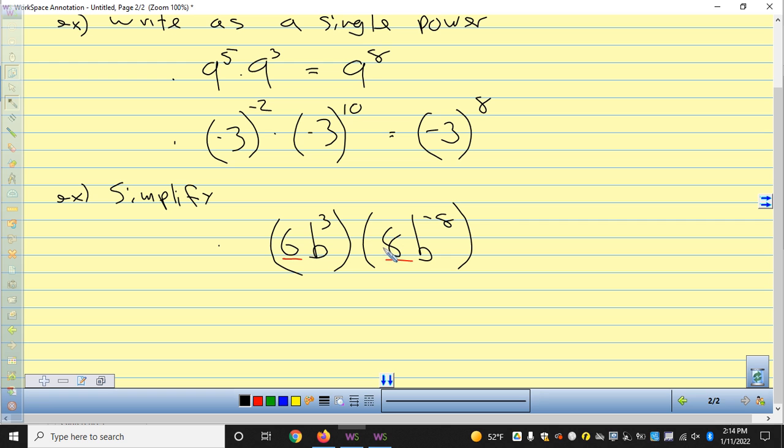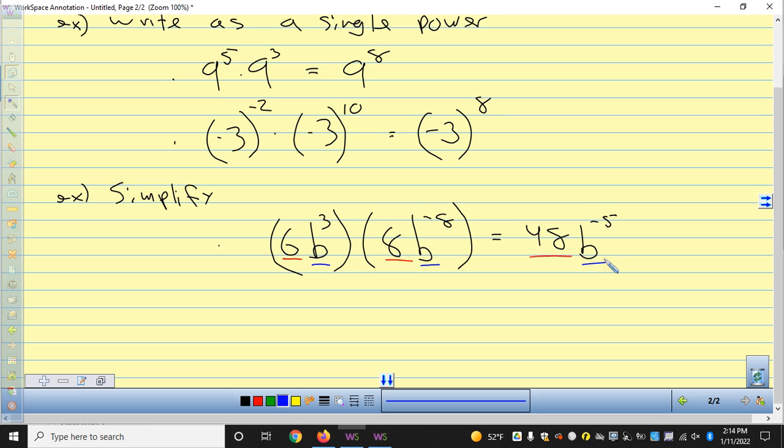So 6 times 8 is 48. Here we have powers that are multiplied together, and we have the same base. So we say, well, 3 plus negative 8 is negative 5. That comes from multiplying those two powers.